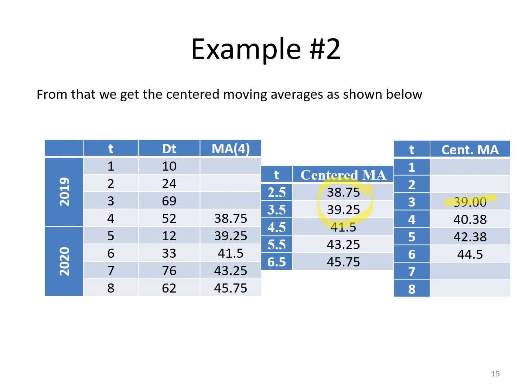Now, we are going to put this value in period 3. Again, we take the average of these two values and put the result at index 4, and so on. So at the end, we come up with these values, which represent the centered moving averages at specific indices of the time period.